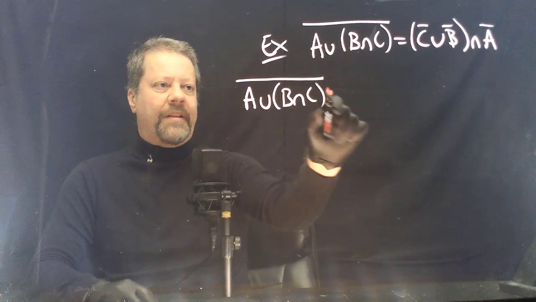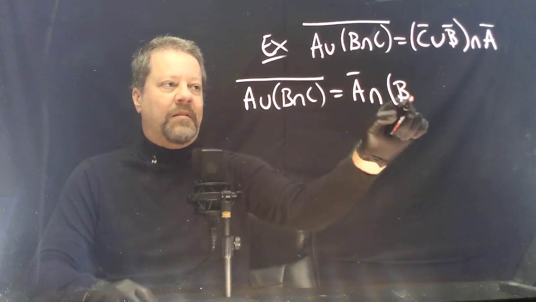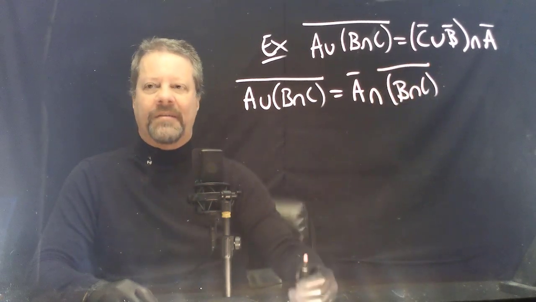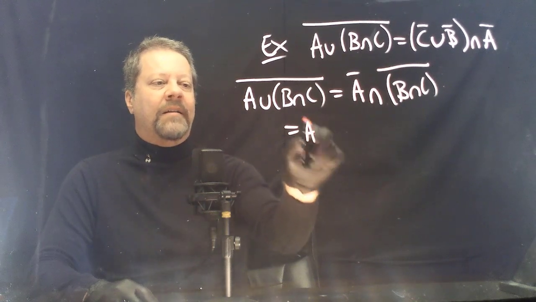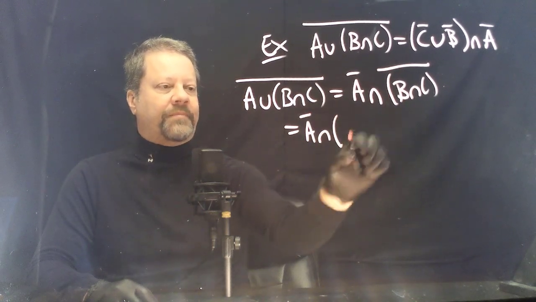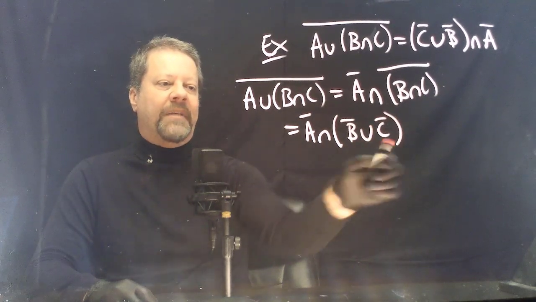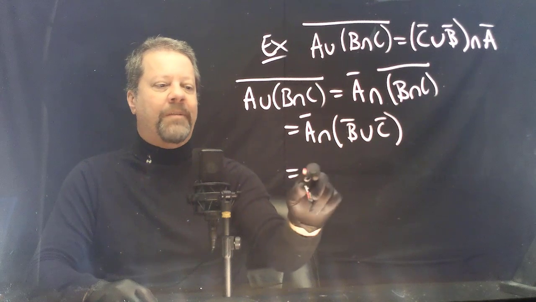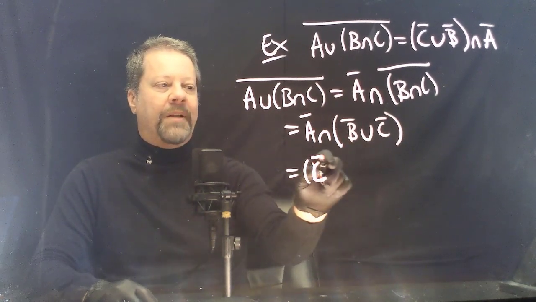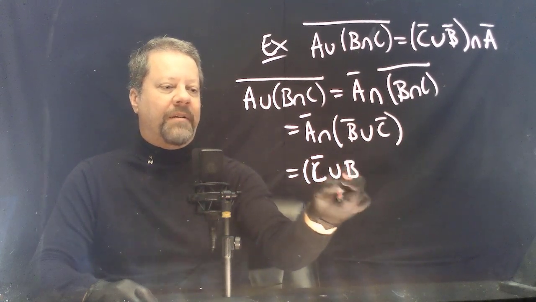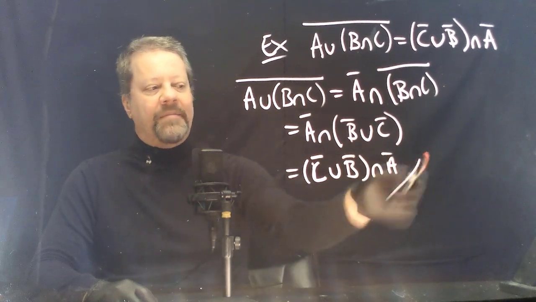We already know that this gives us A complement intersect B intersect C complement. And that gives us A complement intersect B complement union C complement. And then by the commutativity property, with two applications, that'll be C complement union B complement intersect A complement.